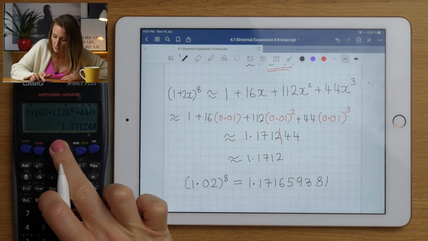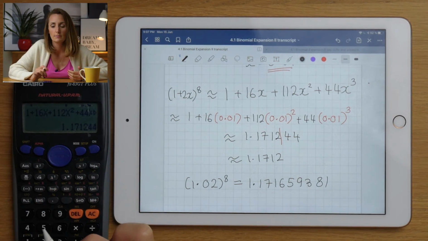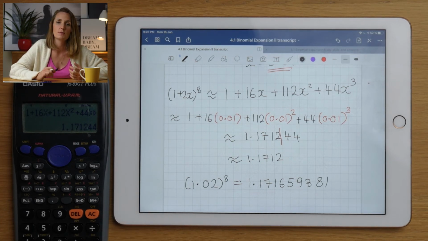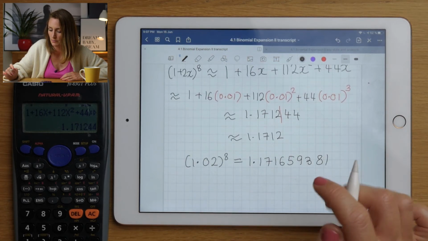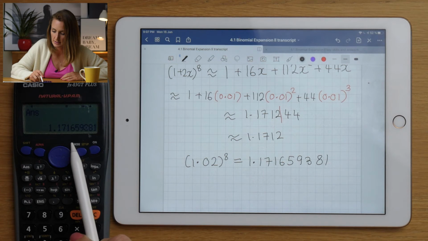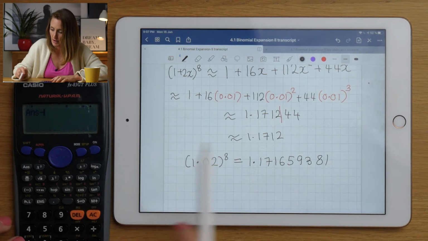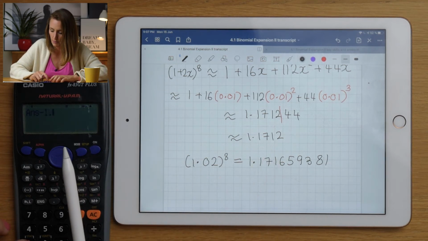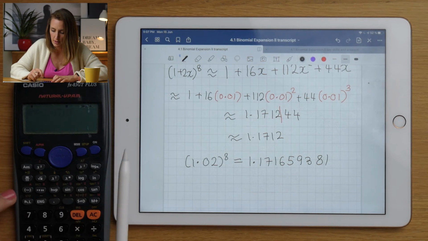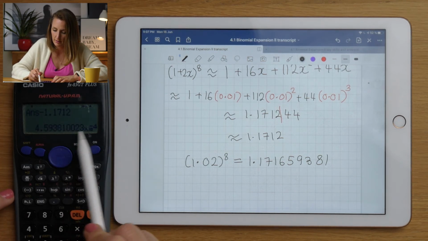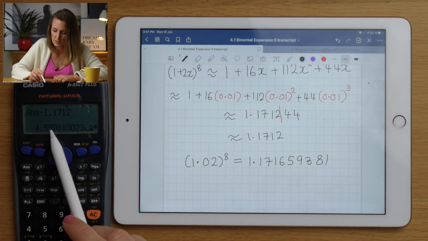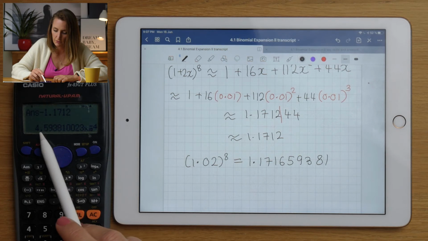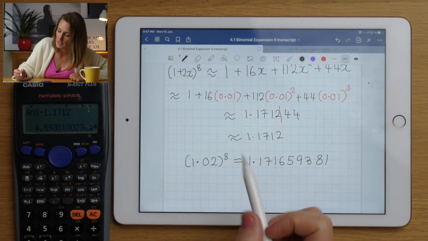So looking at our answer, we were really, really close. Now, we can actually calculate how far out our answer is by calculating the percentage error. I've seen this come up, not too often, but I would definitely know how to use it. If this is the perfect answer, and our answer rounded to 4 decimal places is 1.1712, that means that we are 0.000459, etc. out. So that's what we call our error.